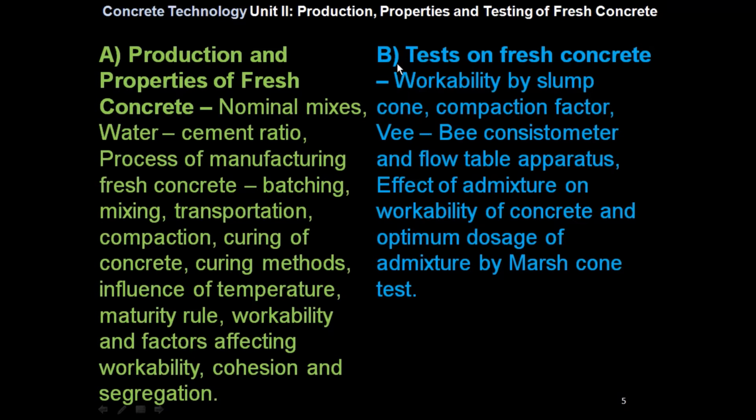It also includes Part B, tests on fresh concrete, which includes workability by slump cone, compaction factor, VB consistometer and flow table apparatus, effect of admixture on workability of concrete and optimum dosage of admixture by Marsh cone test.